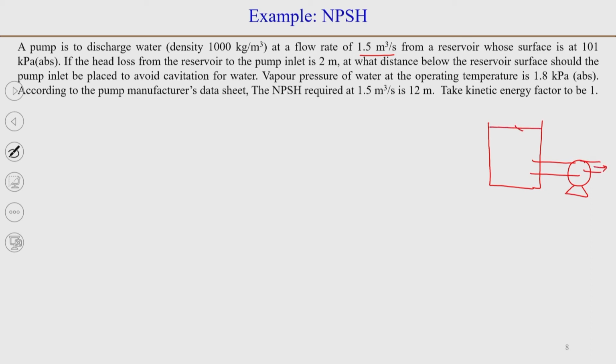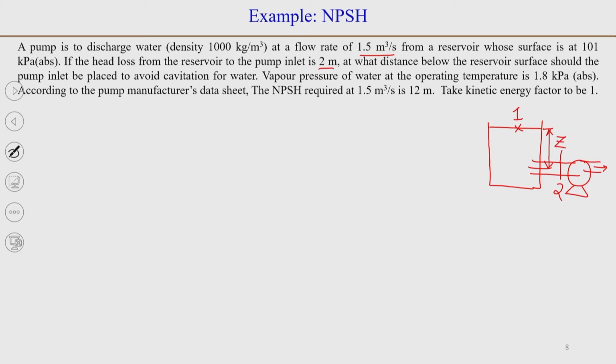We can consider the reservoir surface to be point 1 and the suction of the pump to be point 2. The head loss from the reservoir to the pump inlet is 2 meters, so the total head loss between points 1 and 2 is given as 2 meters. At what distance below the reservoir surface should the pump be placed? So, we need to find this distance, let us say Z.